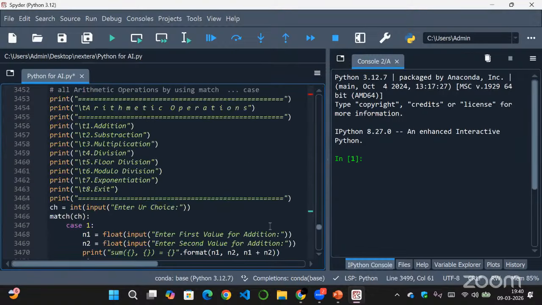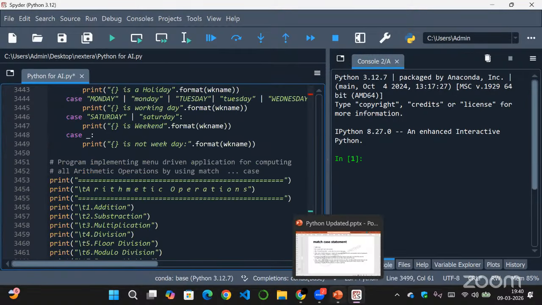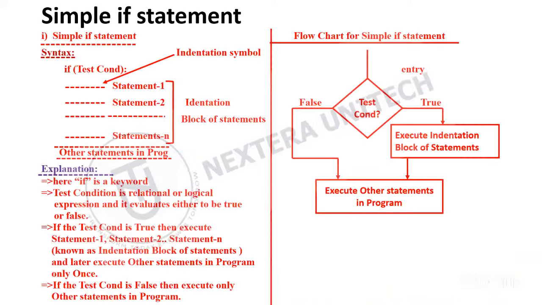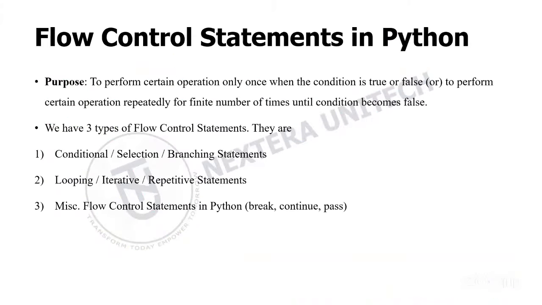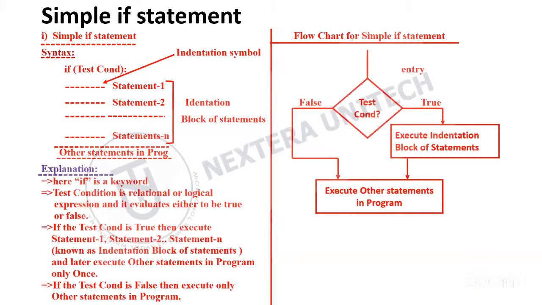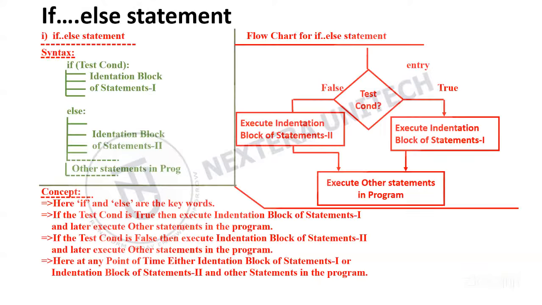So this is how the match case statements work. Today we've learned about the conditional statements in the flow control statements. The conditional statements are the simple if statement and the if else statement.